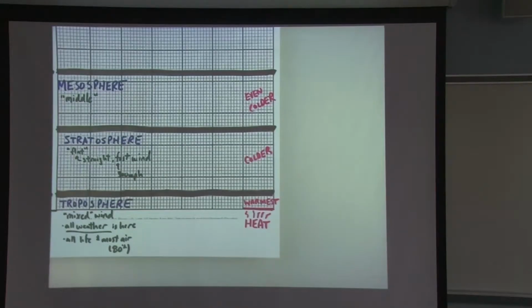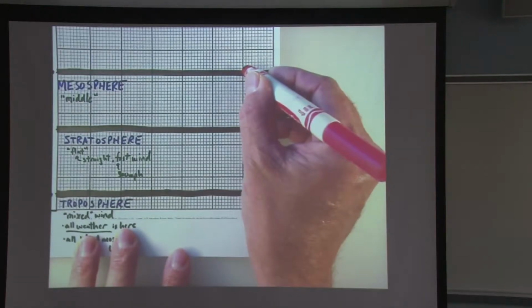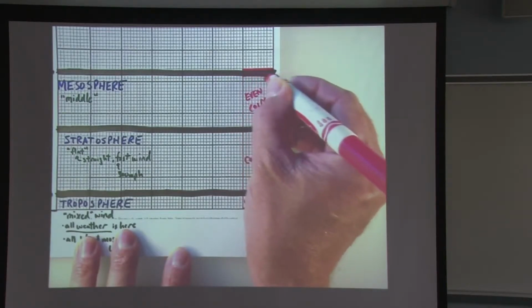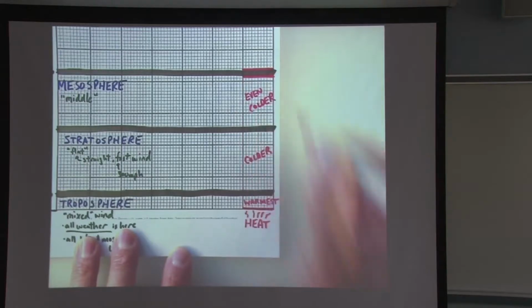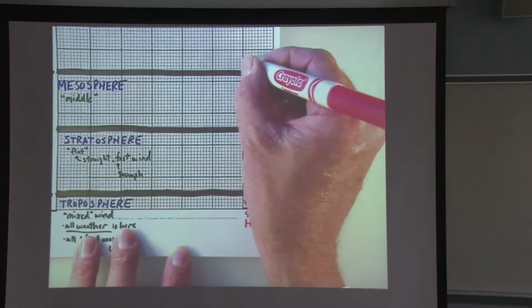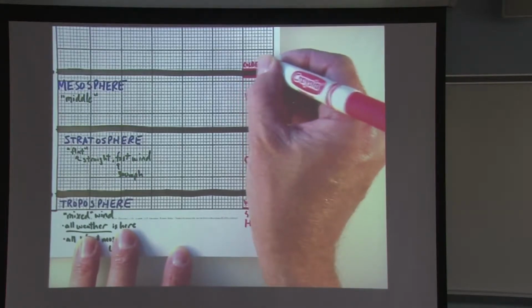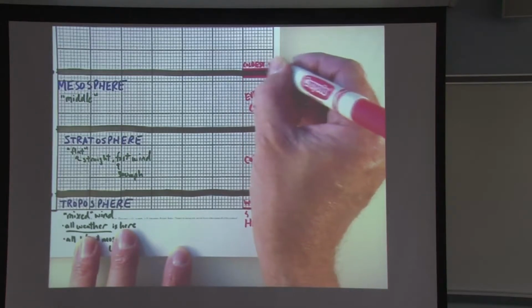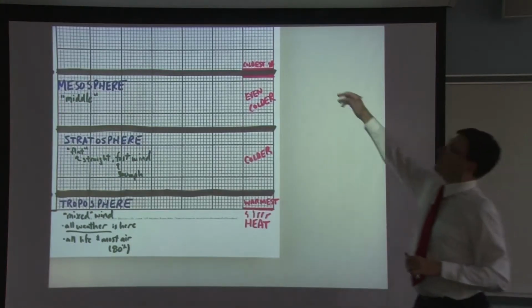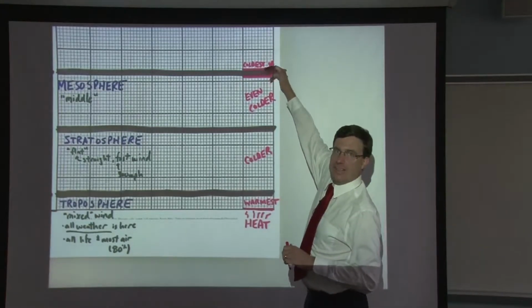So as we demonstrated, that spot between where the sun is affecting our heat and the earth is affecting our heat is right here at the top of the mesosphere. That is the coldest spot. And this spot that I'm putting a red star next to determines where the top of the mesosphere here is.